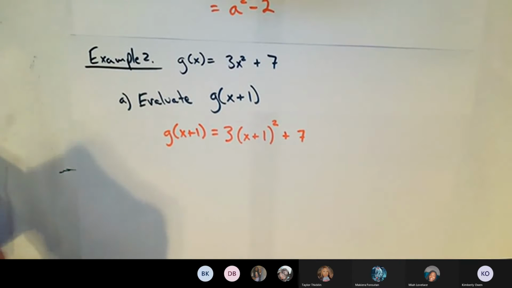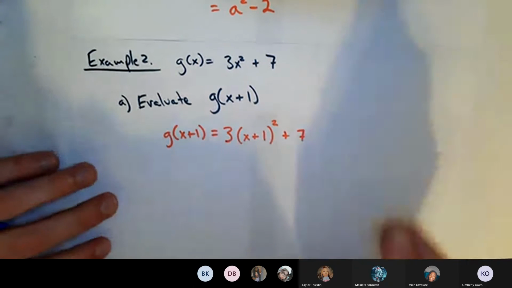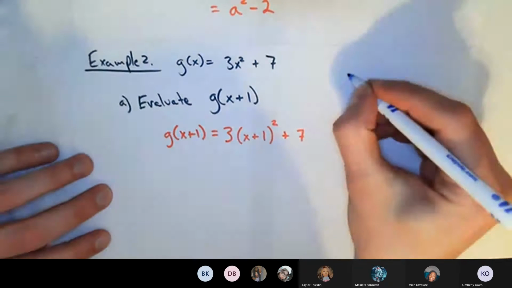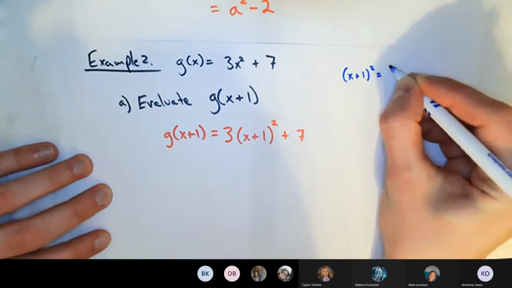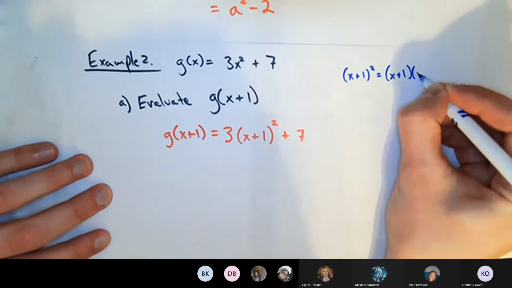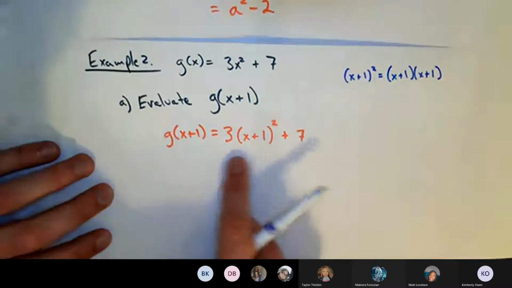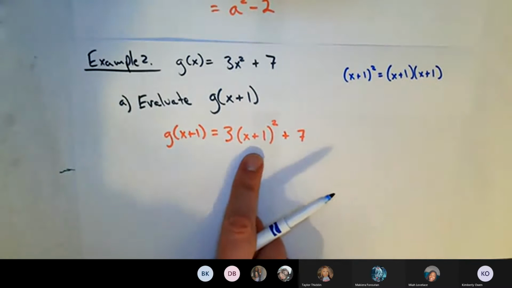Recall that with the x plus 1 squared thing, you don't just distribute the square. Why am I taking this off on the side? Well, because it's going to be the most amount of work that we have to do in evaluating this.